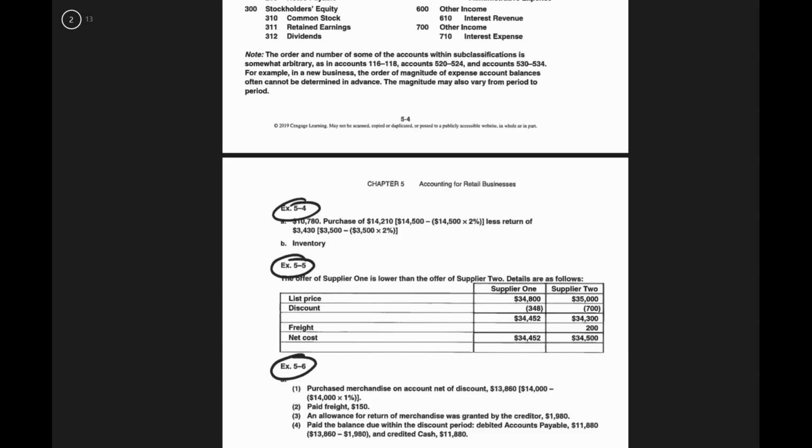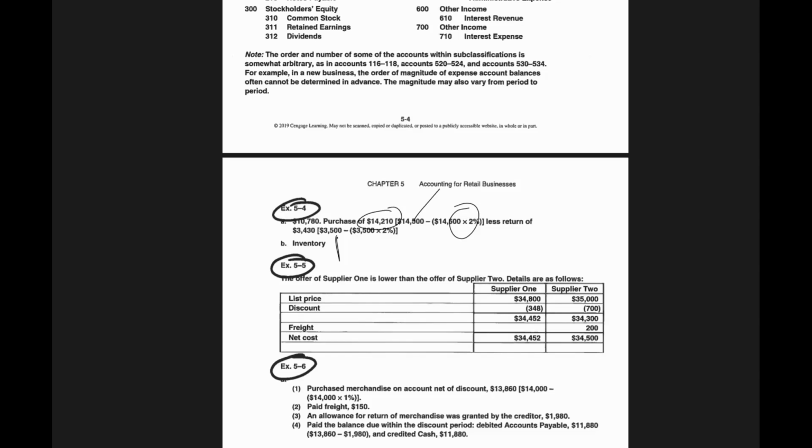So we purchased a total of $14,500, and we also received our 2% discount. So we take away the 2% discount. The net, if we didn't return anything, what we'd actually have to pay is $14,210. However, we also returned $3,500.